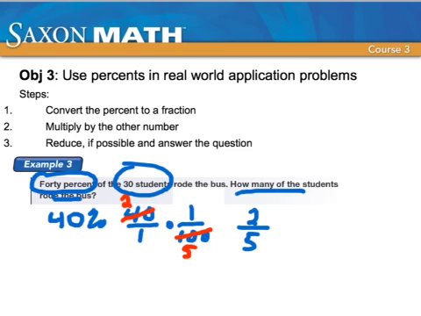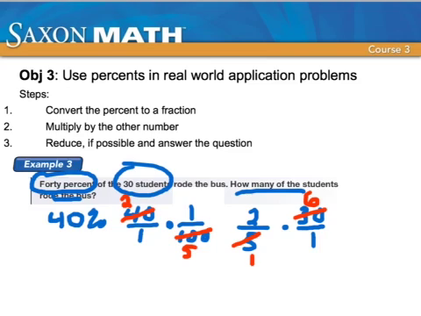Okay, now I'm going to multiply by the other number in the problem. Well, I already used 40%. The other number is 30. So I'm going to multiply this by 30. And again, we want to multiply by a whole number. We put it over 1. Well, let's go ahead and cross cancel first. 5 goes into 30. 5 divided by 5 is 1. 30 divided by 5 is 6.